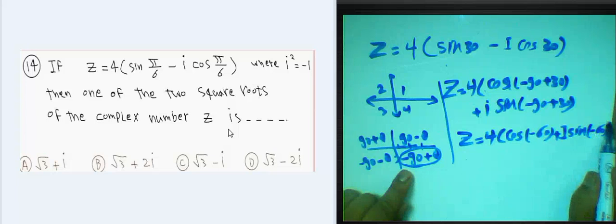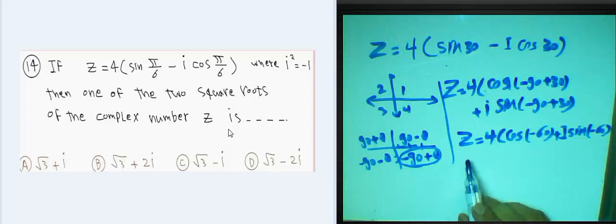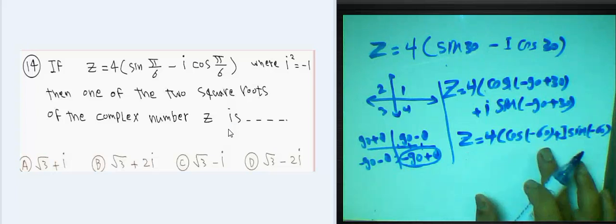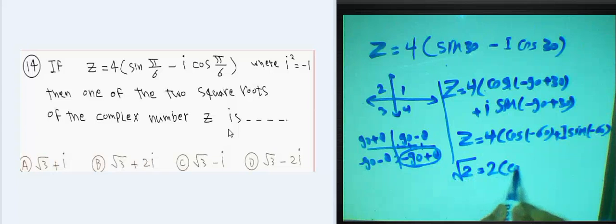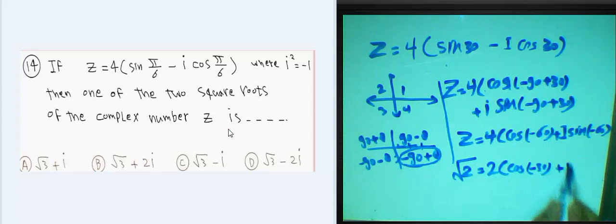Okay, you want to find the square root of z. Square root means take half of this angle. Then the square root of z will be 2 times cosine negative 30 plus i sine negative 30.